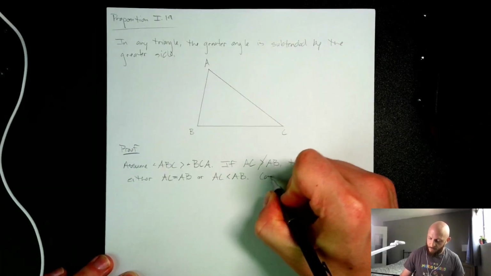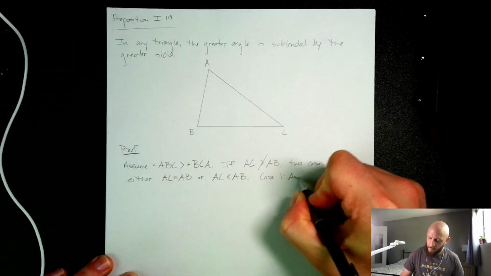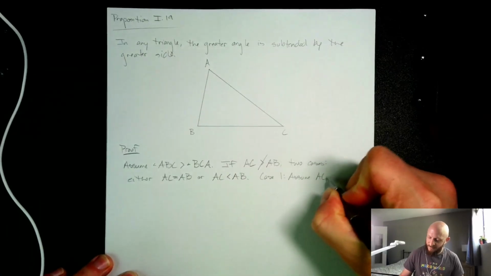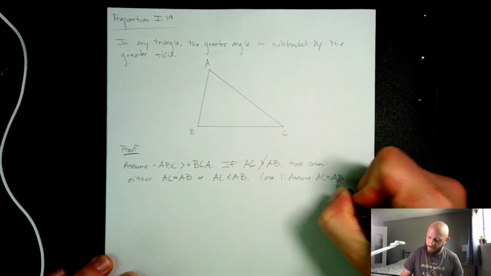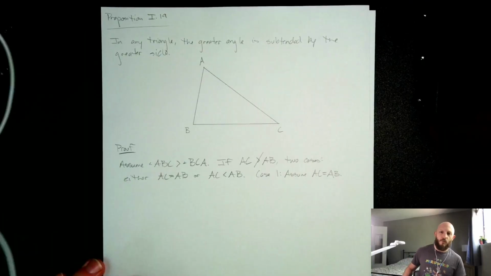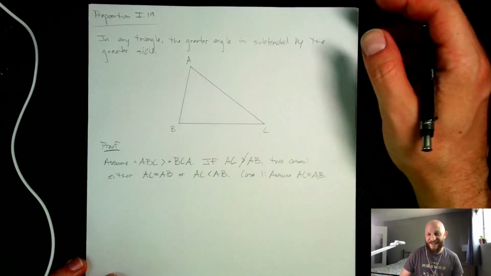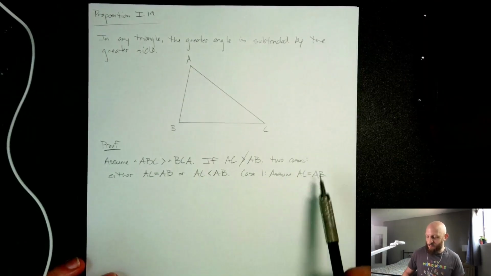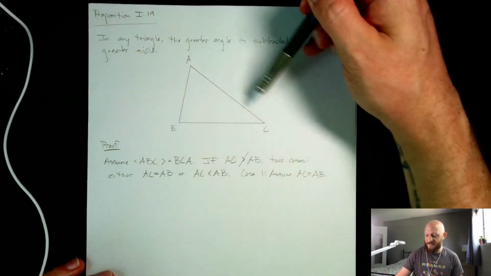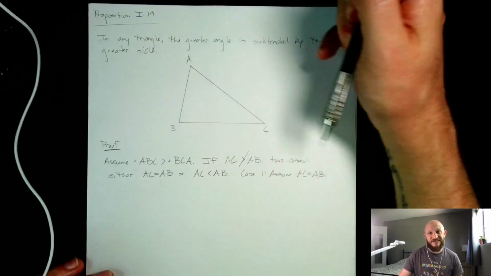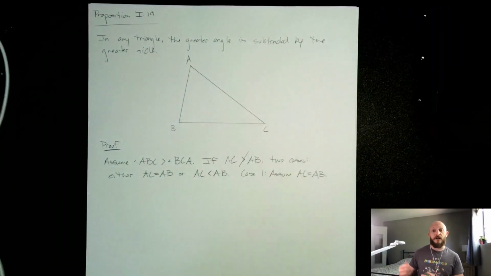So case one, assume that AC equals AB. Well, what do we know about that? What can we say about the corresponding angles if AC is equal to AB? Well, if AC is equal to AB, then ABC is an isosceles triangle.